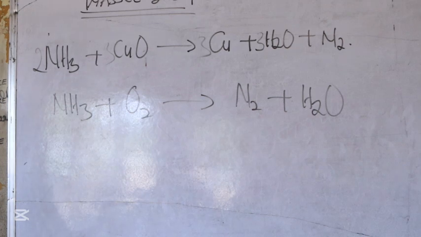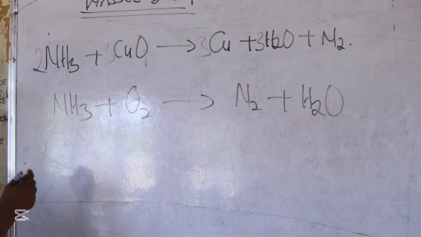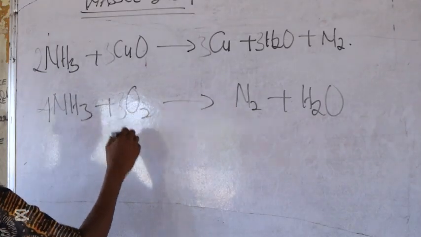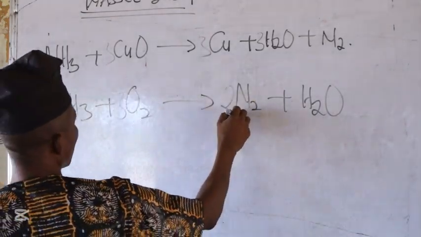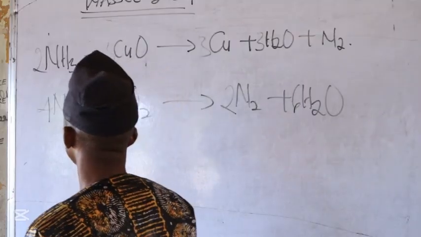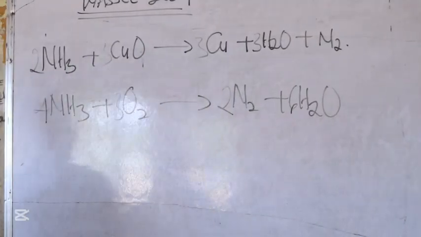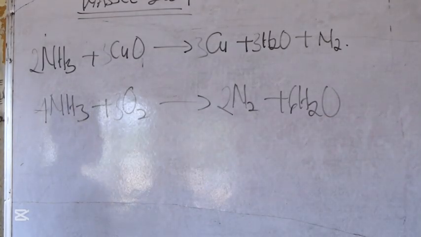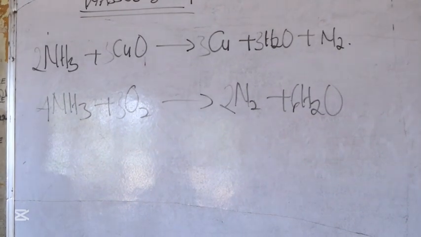That will be 4, 3, then you have 2, then you have 6. So when ammonia gas reacts with oxygen, what you have is nitrogen and water.